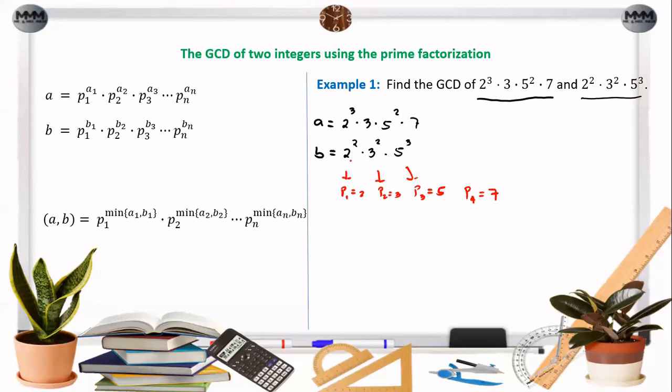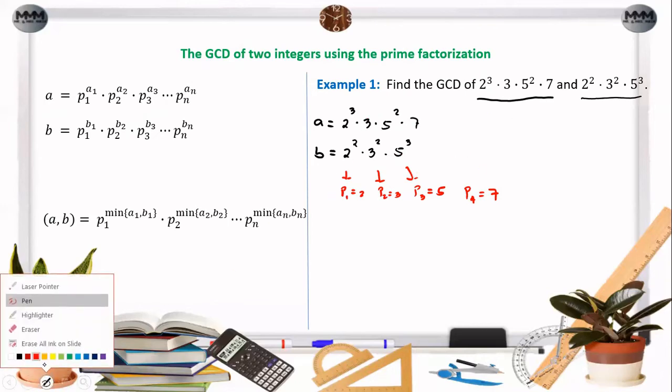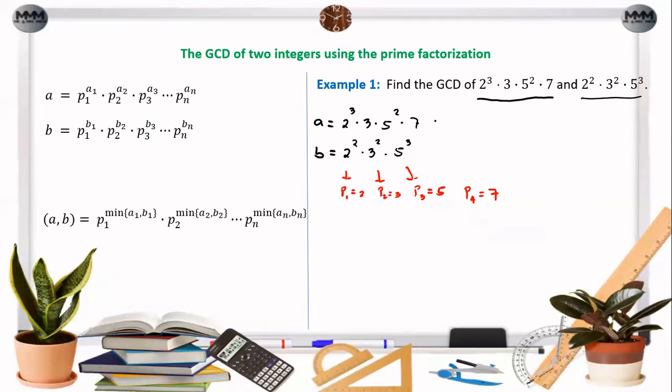Hence, we can rewrite A and B as this one. So let's have here 2 cubed times 3 times 5 squared times 7.